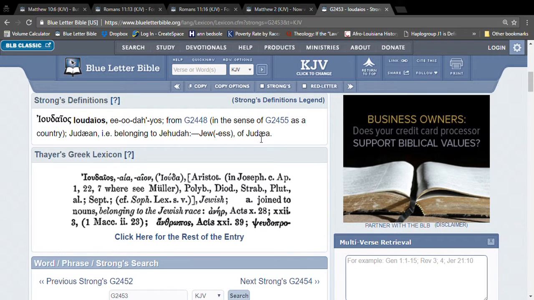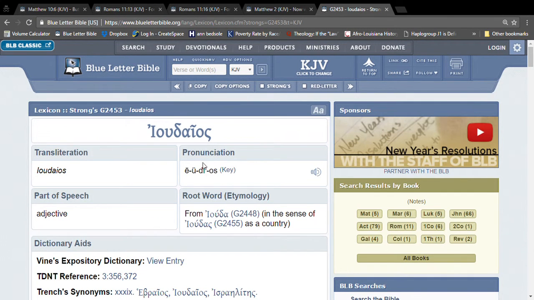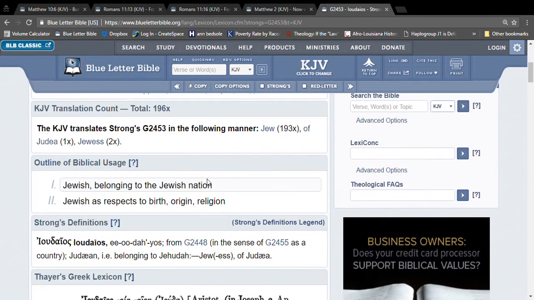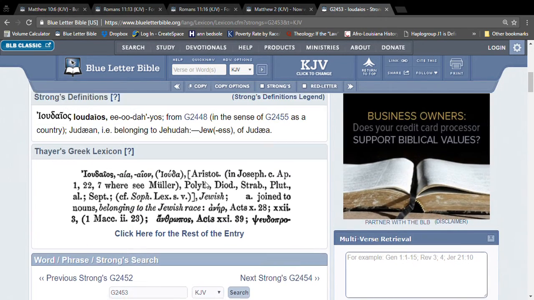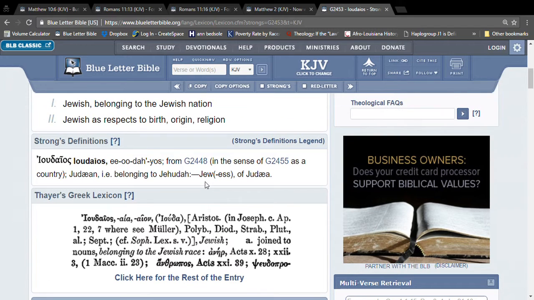And so by the time this word Iudaios was used, it came to mean several different things. It meant a person of Israelite descent, a person who was a descendant of Israel or Jacob.